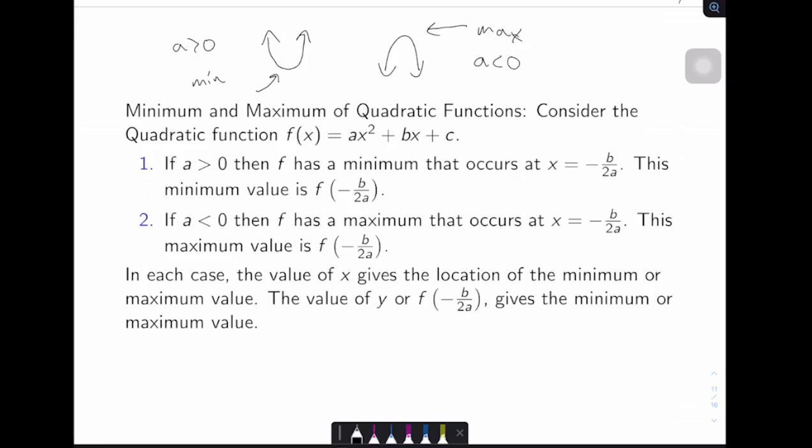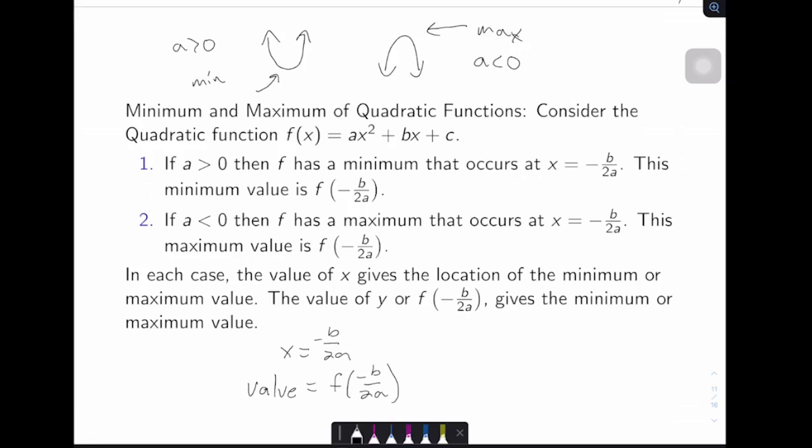That's all this is saying here. The rest of it is saying to calculate your vertex, and it'll give you the x at which your minimum happens, and then the value. So x equals the opposite of b over 2a, and then the value, because you might have some word problems, equals f evaluated at the opposite of b over 2a.